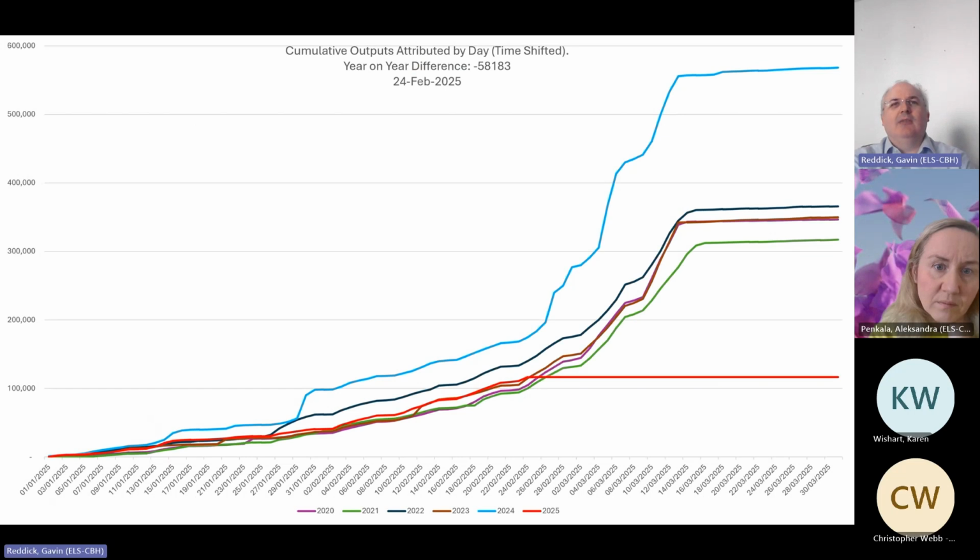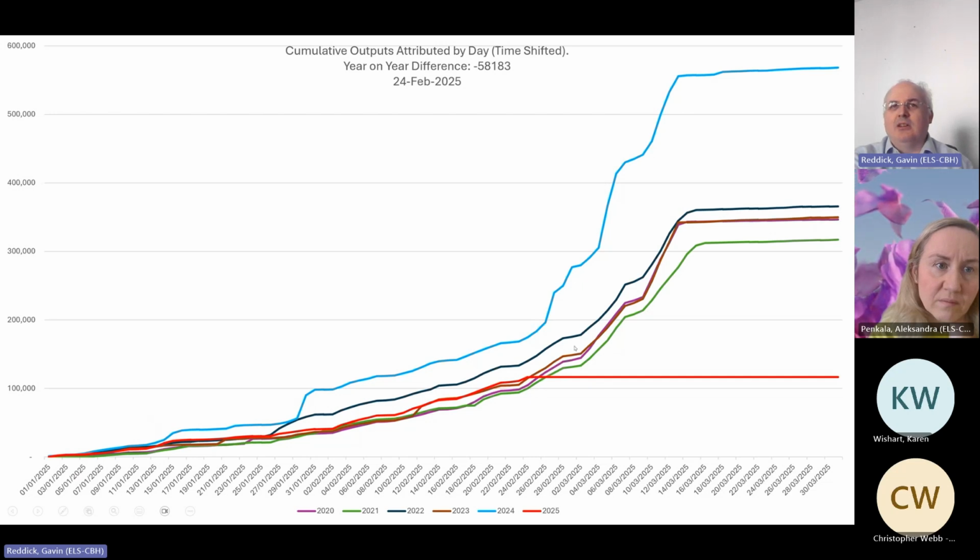If we look at the cumulative outputs, there are 2 years where the cumulative attributions were higher at this point, and last year had that exceptional amount of harvesting that helped push it back. A lot of backfill as well. And then there are 3 years that are below where we are now.